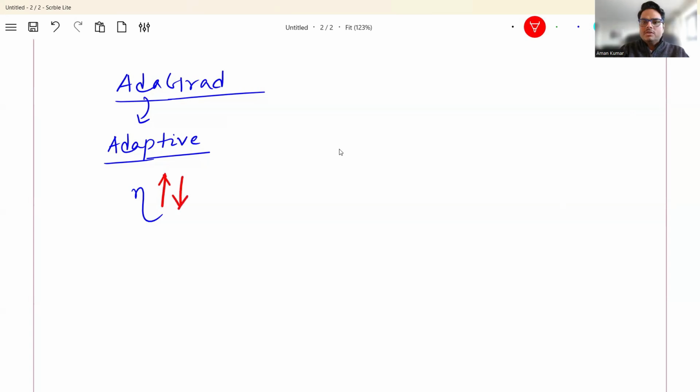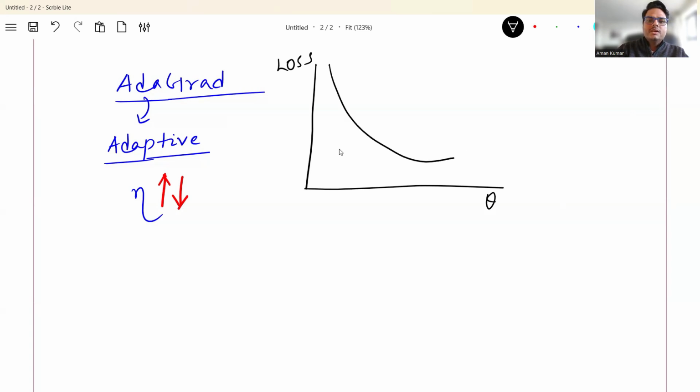How will that be useful? Let's try to understand with a simple example again. Let's say this is your loss function, and this is your theta.